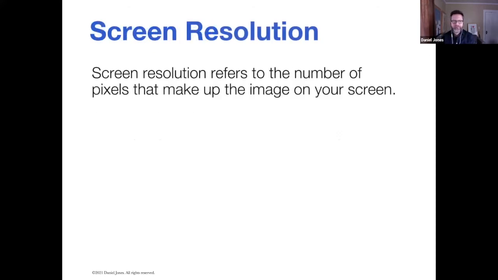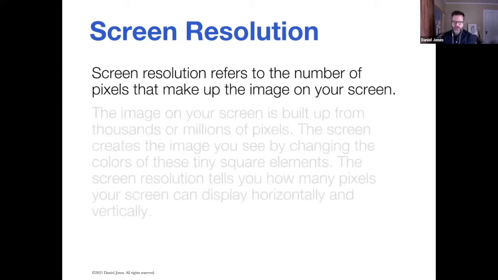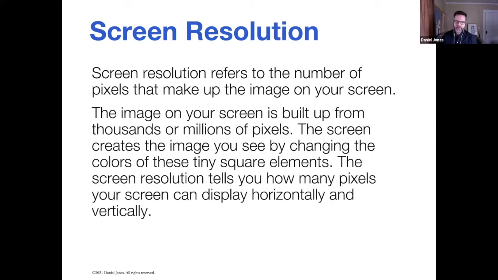Another term you should be familiar with is screen resolution. Screen resolution refers to the number of pixels that make up an image on your screen. The image that you're looking at, when you're looking at me or you're looking at this screen here, everything that you see is made up of tiny little squares of color.